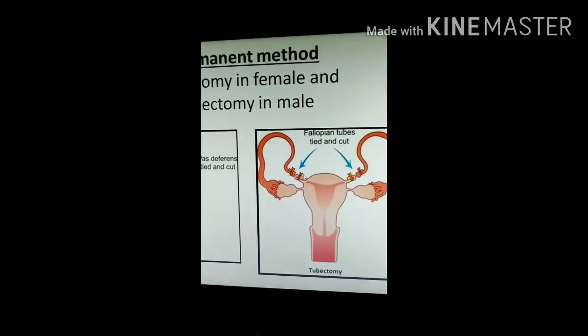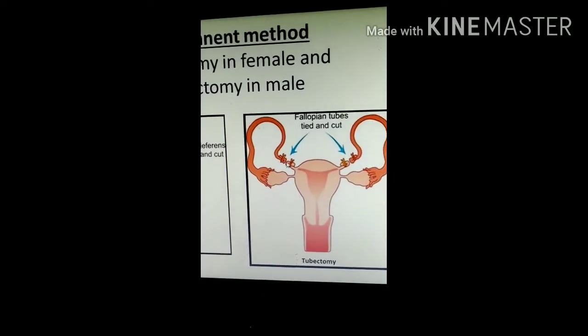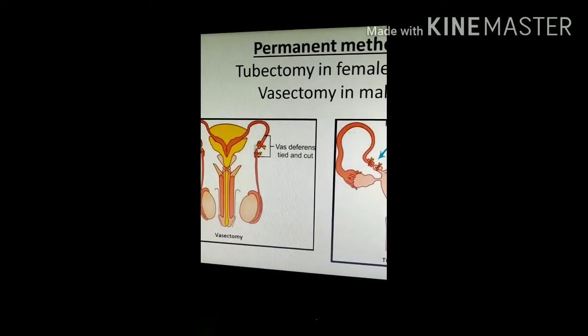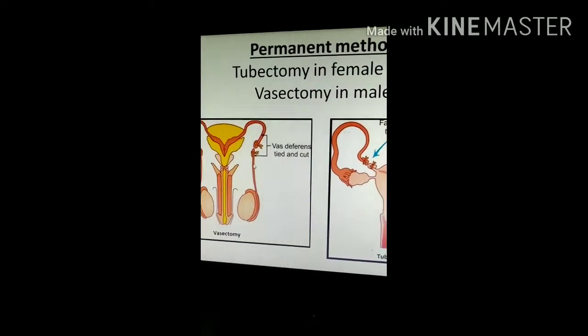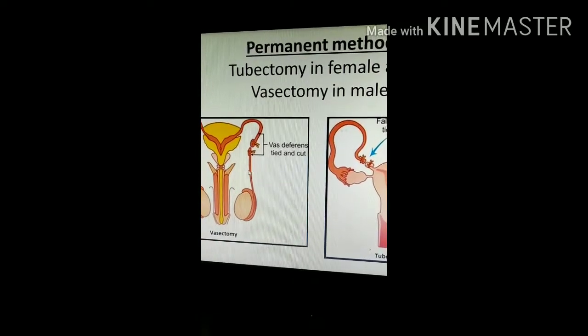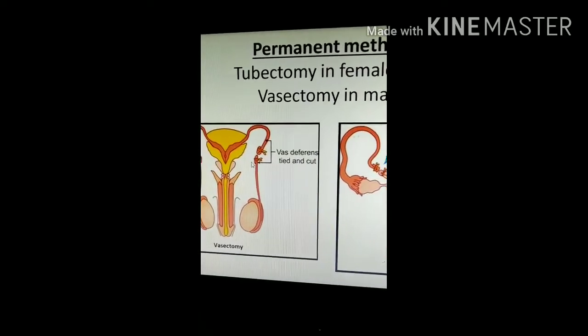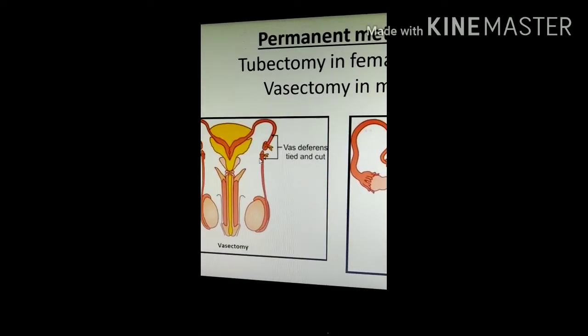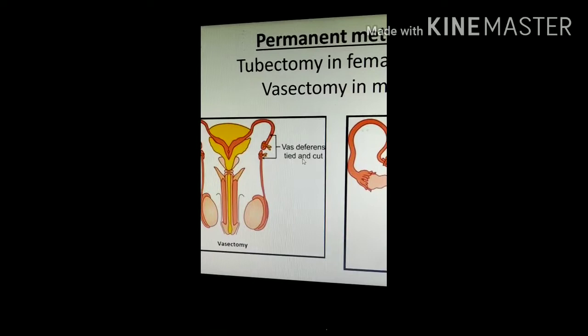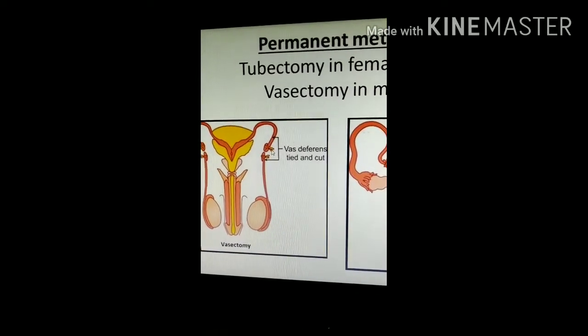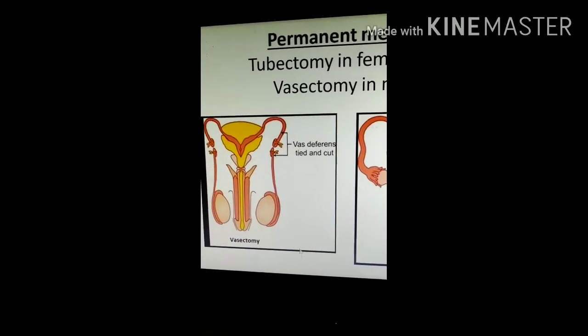This is the tubectomy. And on the left side, this is the vas deferens. This is the pathway of the sperm from the testis to the exterior. If we cut this tube and ligate it, this is the vasectomy, the permanent family planning in case of male.